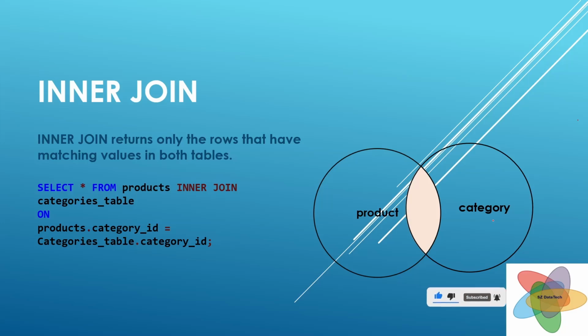One category could have many products. That is a one to many relationship. Let me repeat again: one category can have multiple products, and that is a one to many relationship.